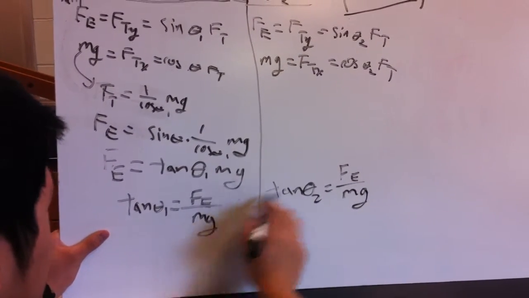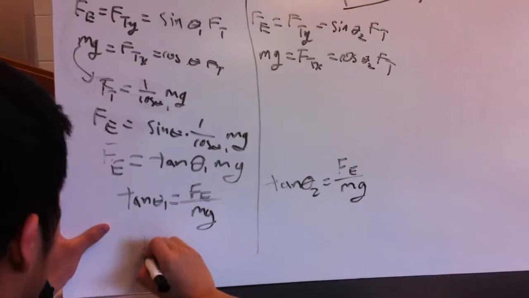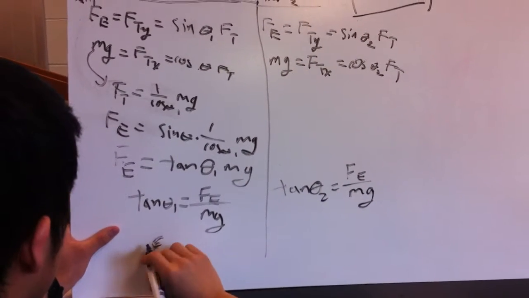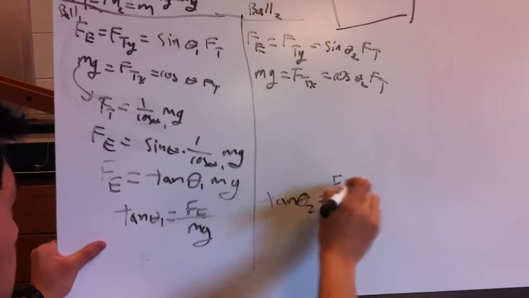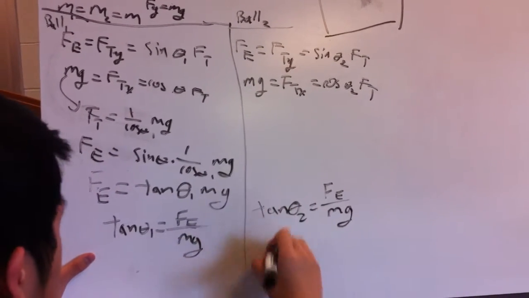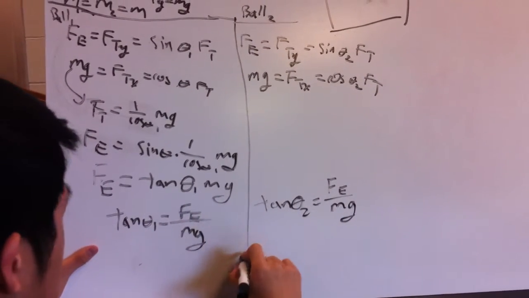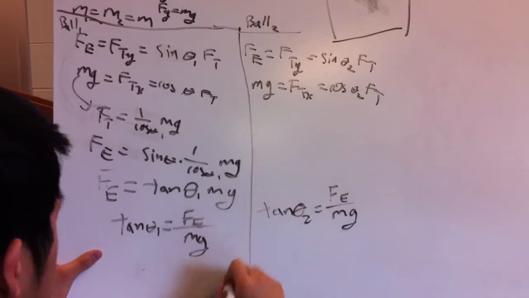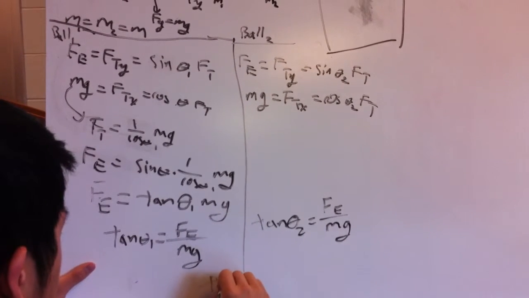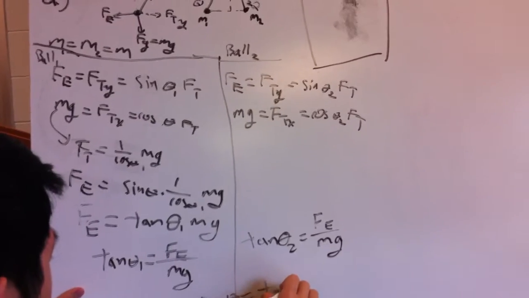And since the Fe values between the balls are the same, we can make these two equations the same. So if you combine the equations by substituting the Fe's, you get tan theta 1 equals tan theta 2.